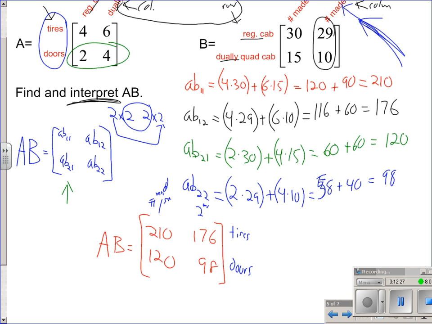Okay, so to interpret this, the 210 answer is the number of tires needed for the first shift. It's 176 tires for the second shift. For doors, you need 120 for the first shift and 98 doors on the second shift to make all those tires. Okay, and again, those numbers should match up with what you did in that first video.